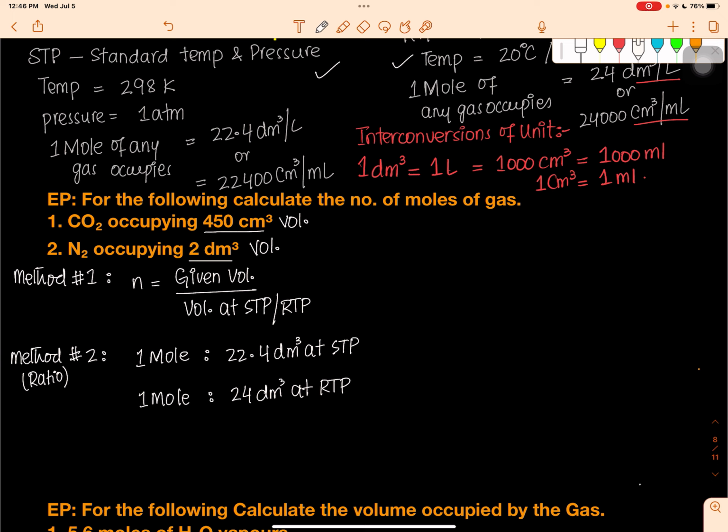So let's find out for problem number 1, where carbon dioxide is occupying 450 cm cube, what number of moles there are. This is what they are asking. Now the question comes: are they asking in RTP or STP? Let's solve it for STP, and find out what volume they occupy. We have carbon dioxide, so why not use method number 1.